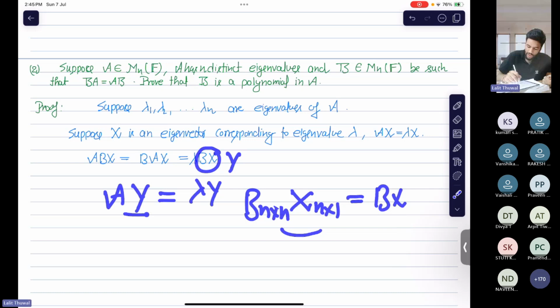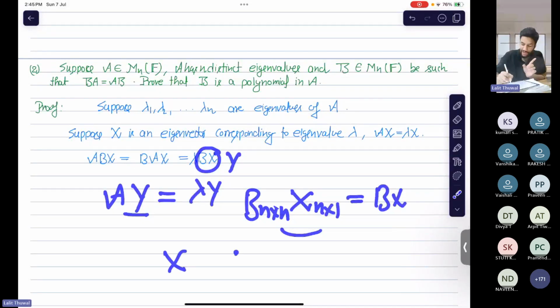Here you have to see that if Bx is non-zero, then it is an eigenvector, because Bx might be 0 also, right? So if Bx is non-zero, then it is an eigenvector corresponding to the same eigenvalue lambda.